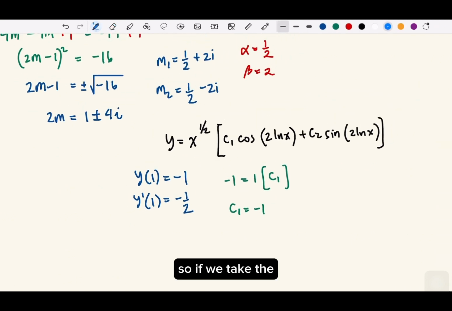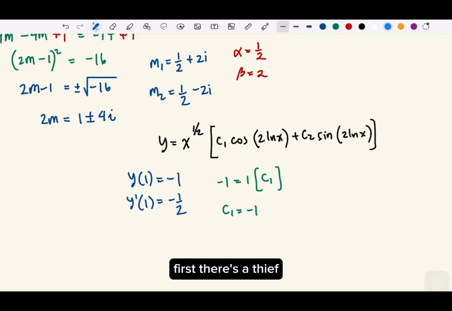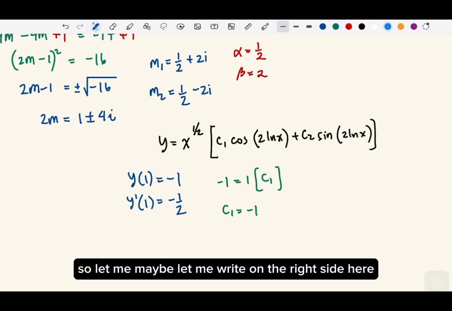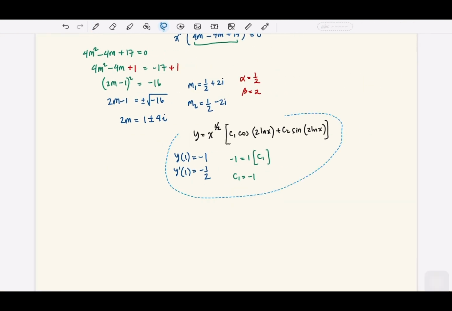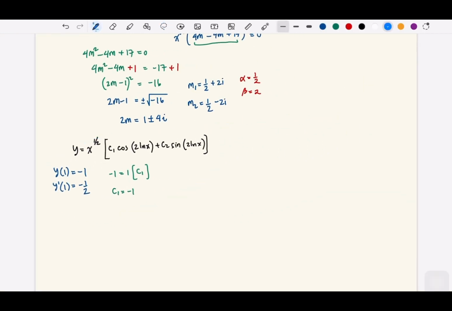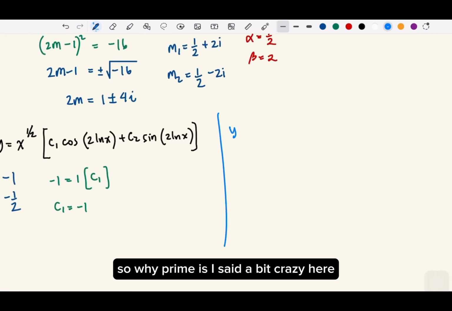So if we take the first derivative, let me write on the right side, maybe right here. So y prime is, it's a little bit crazy here.